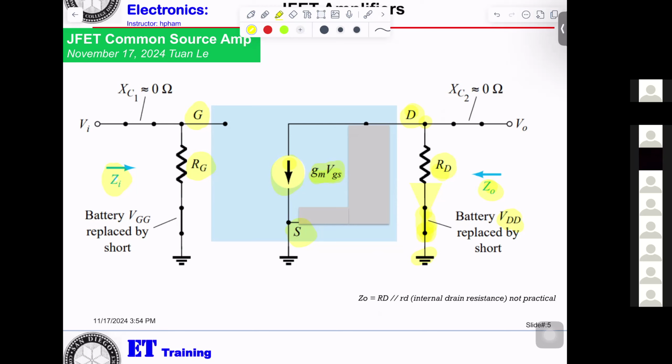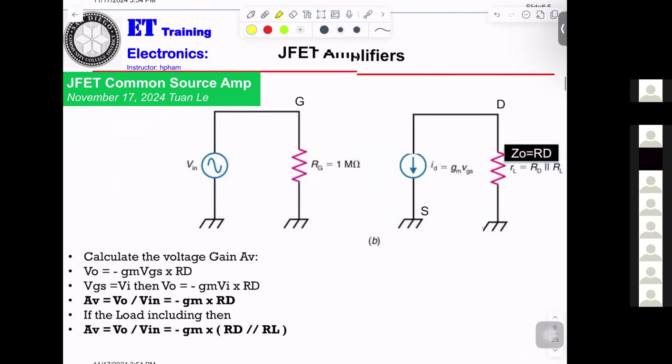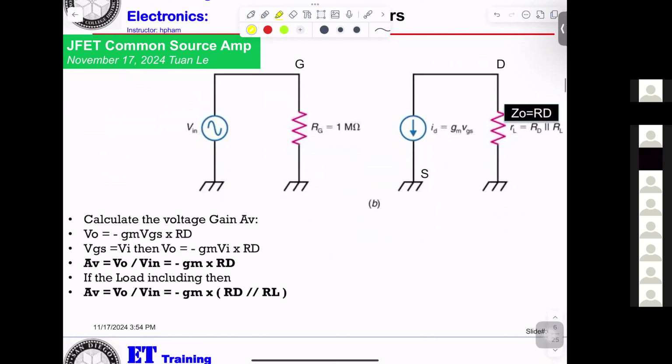That's more simple than the bipolar transistor. Now, this is the source right here. This is the input impedance.